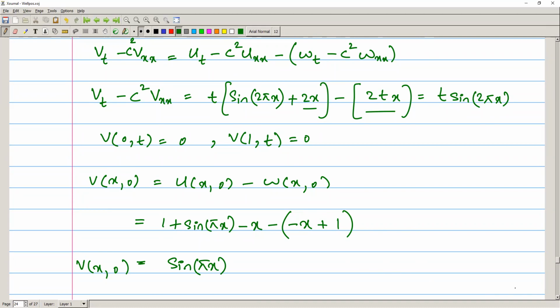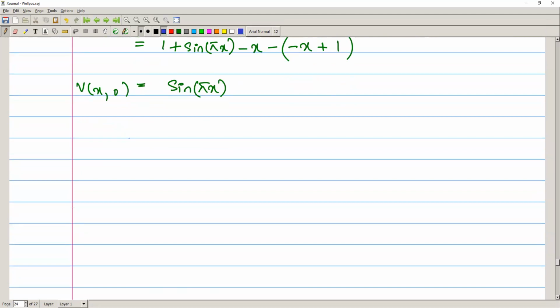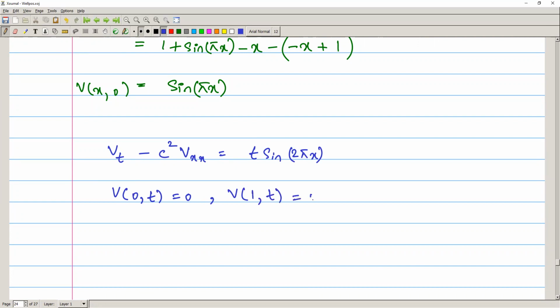So now we can see that the final equation is in this form. Vt minus c squared vxx is equal to t sine 2 pi x, v of 0 comma t is equal to 0, v of 1 comma t is equal to 0, and v of x comma 0 is equal to sine pi x.